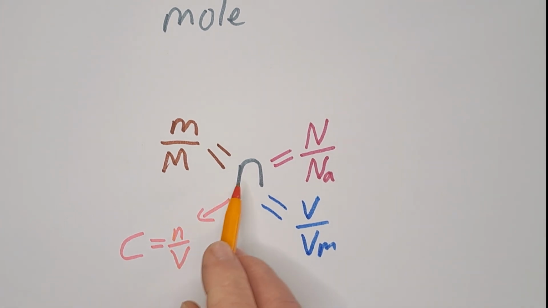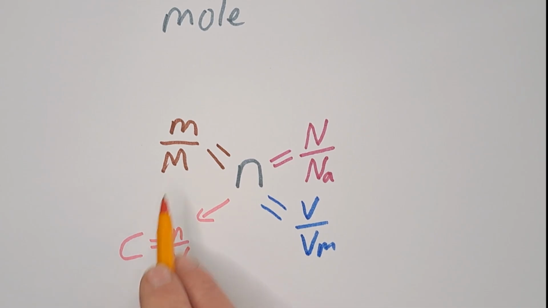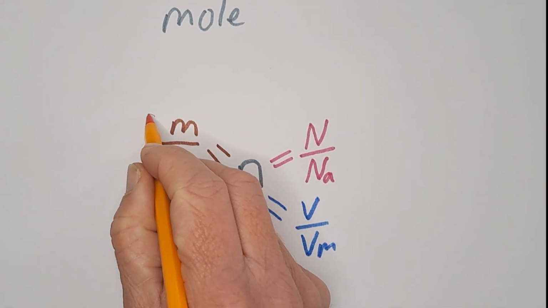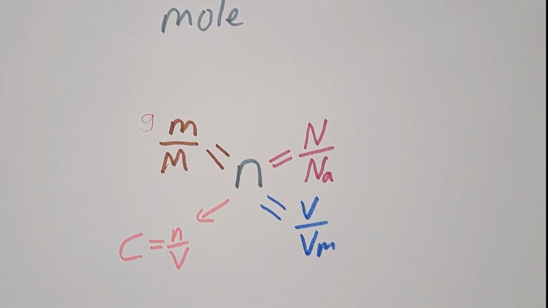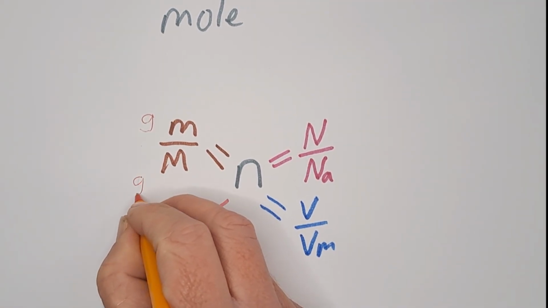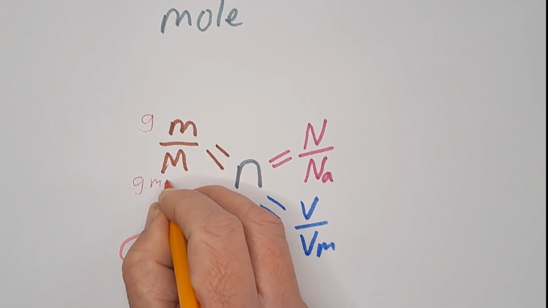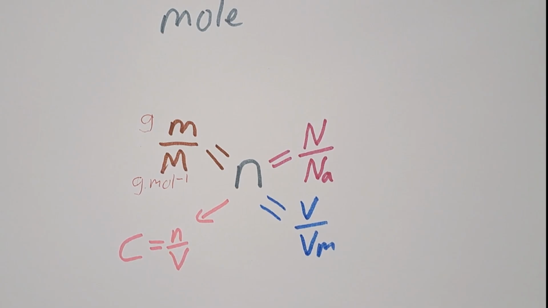First one first, it's mole equals mass over molar mass. So mass is where we measure it in grams. Usually it's a given. If it's not a given, they will give you the mole itself. And then the molar mass is then measured in grams per mole, g·mol⁻¹.